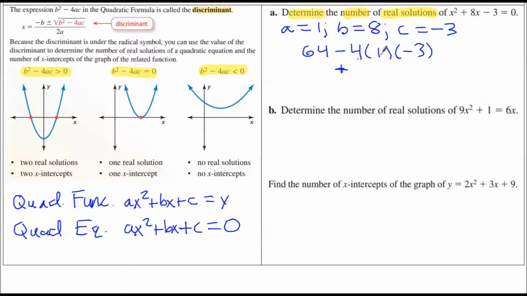We know we're going to get a positive number here, but we'll keep going anyway. 4 times 1 is 4, times 3 is 12. So that's 76, and 76 is greater than 0. So there are two real solutions.